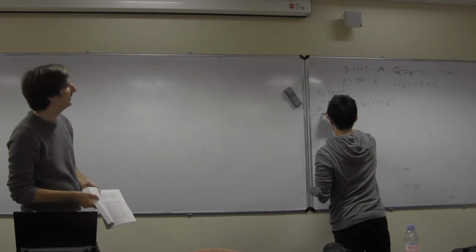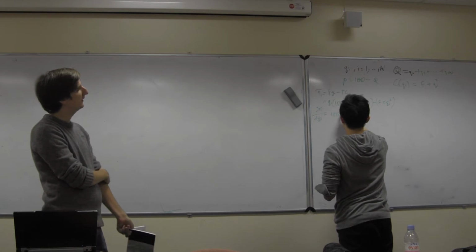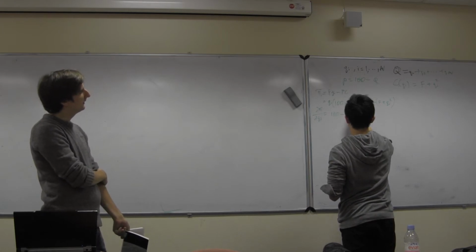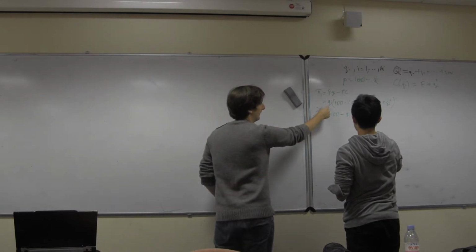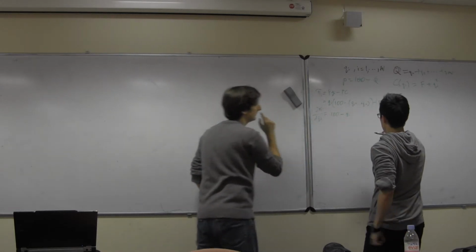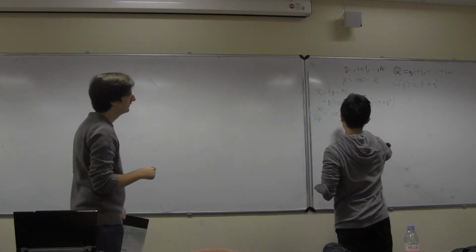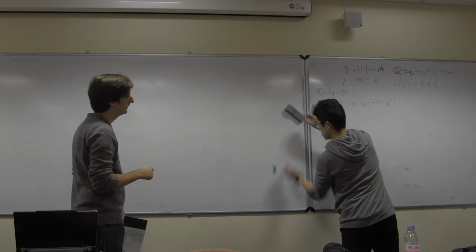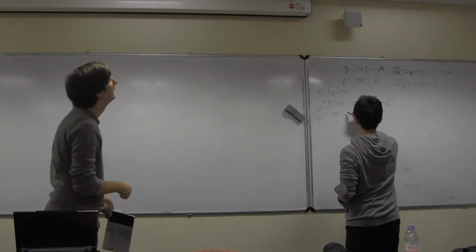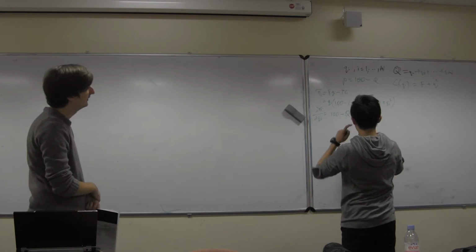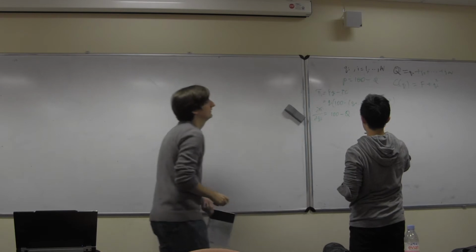Okay, so to maximize, the derivative of profits with respect to quantity is equal to 0. So he's using the product rule. So we've got the derivative of this, which is 1, times this, plus this times the derivative of this.